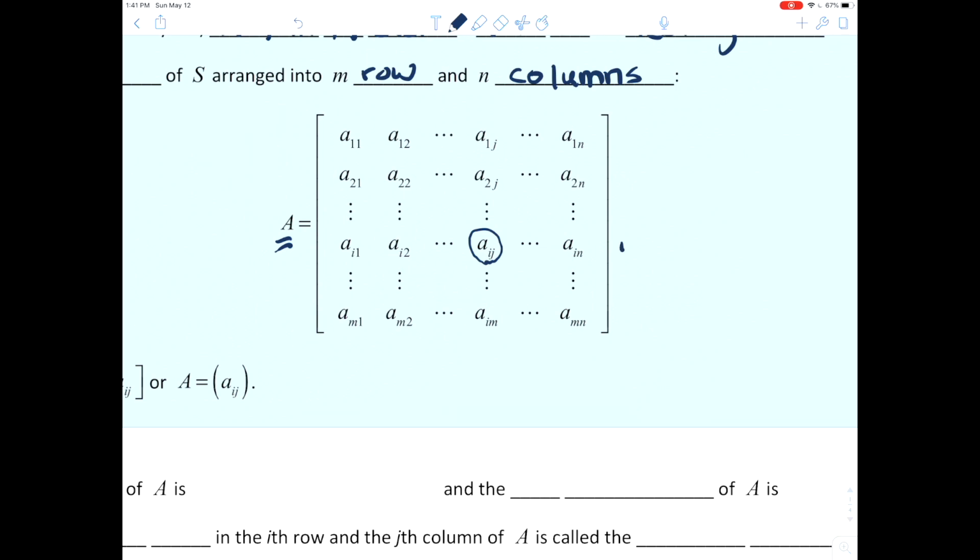So here, this would be the ith row going across, and then going down, you would have the jth column. And where they intersect is the row and column that your entry is in. Cool, where it's circled there.